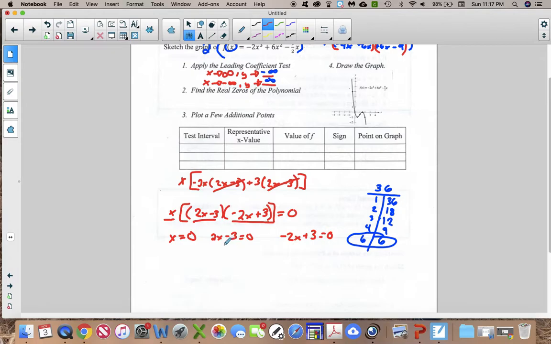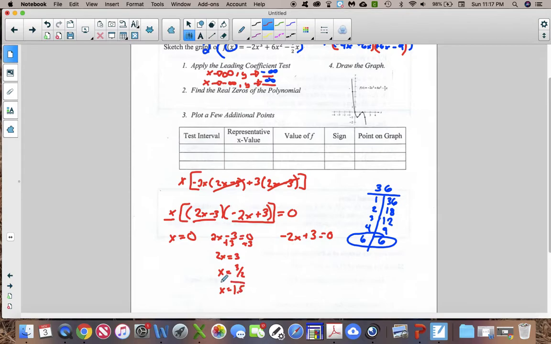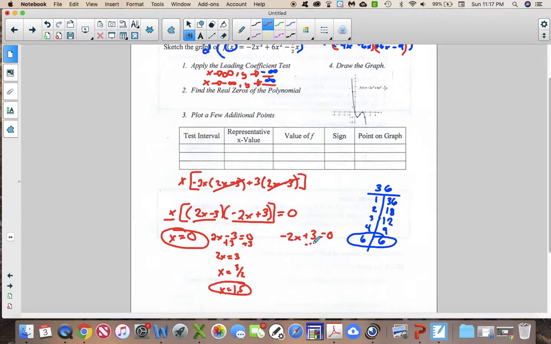So if I add the 3 over, 2x equals 3, and you can skip steps if you like to. x equals 3 over 2, so x equals 1.5, and those are my places. There's that one and this one. And then if I do this again and subtract the 3, negative 2x equals negative 3, and then I divide by negative 2.